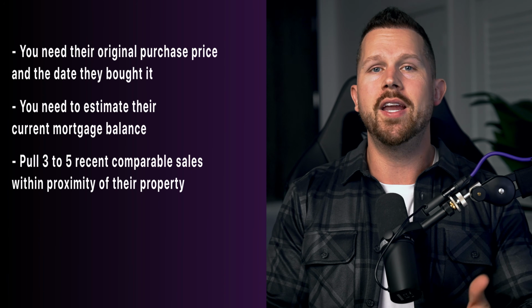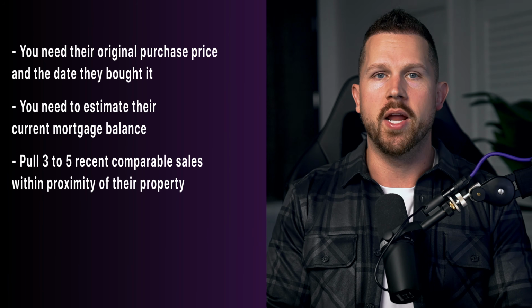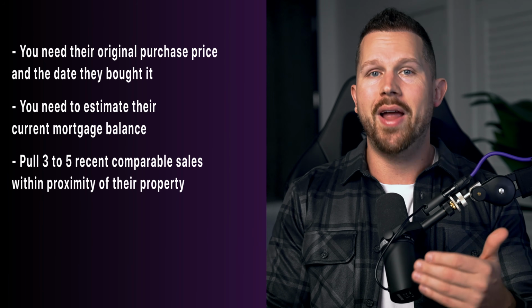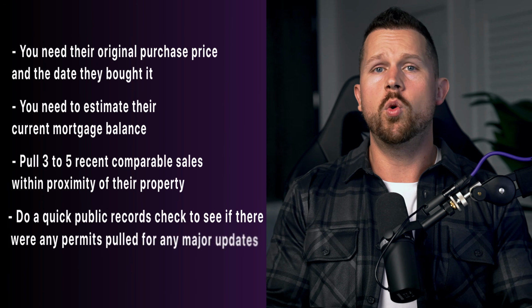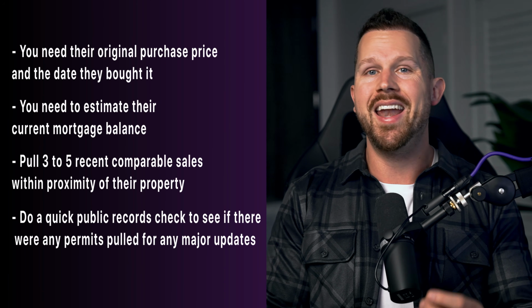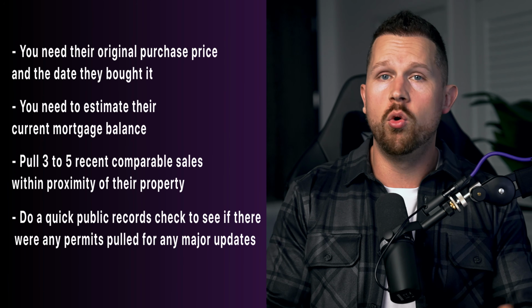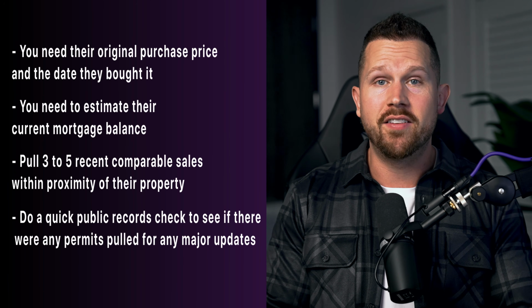Third, pull 3 to 5 recent comparable sales within proximity of their property. These are your market value anchors. And fourth, do a quick public records check to see if there were any permits pulled for any major updates, which, for example, maybe they added a pool or renovated the kitchen, because this affects the value. That's the audit. It takes 5 minutes of data gathering.